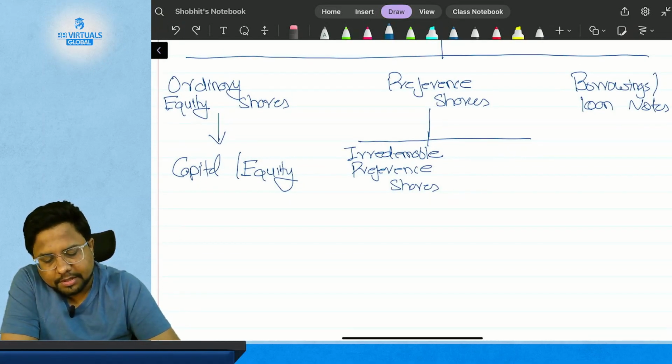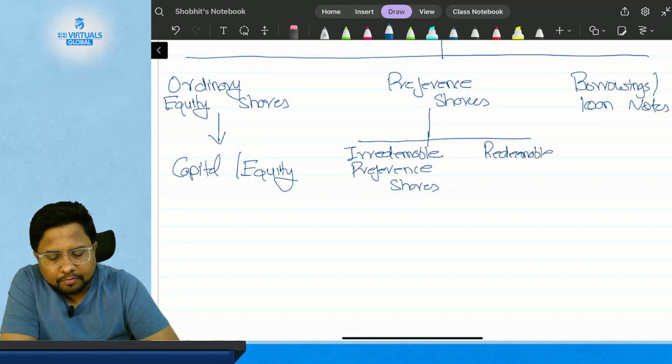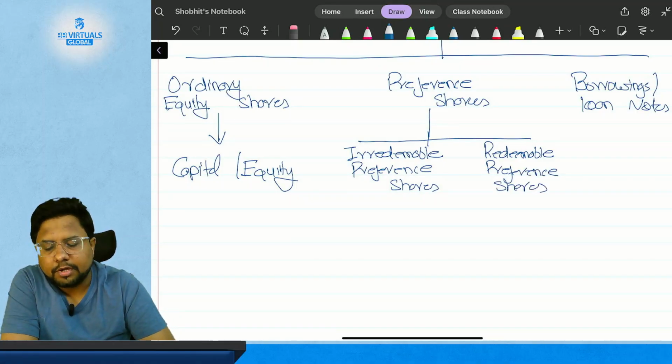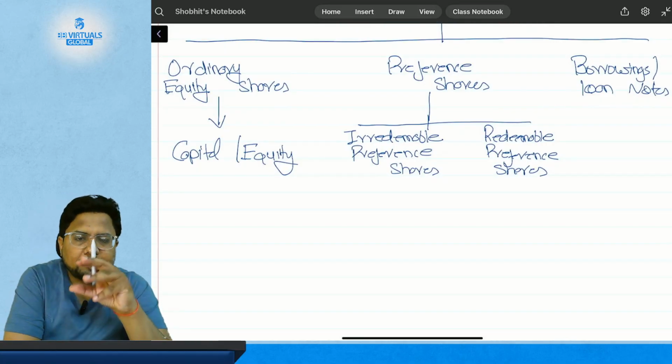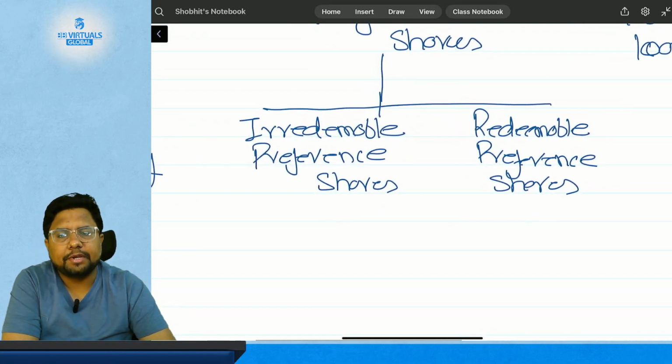The second one is redeemable preference shares. So preference shares are of two types: first is irredeemable, second is redeemable.